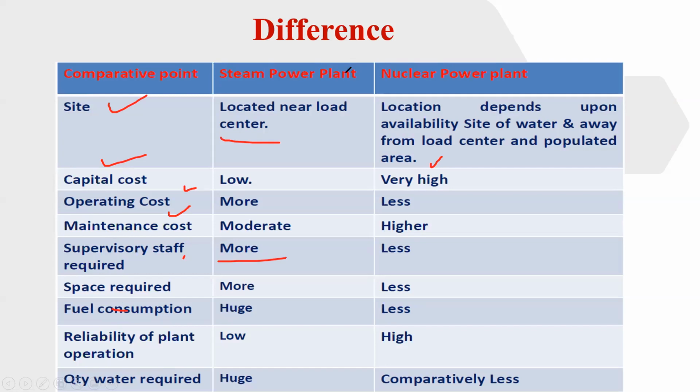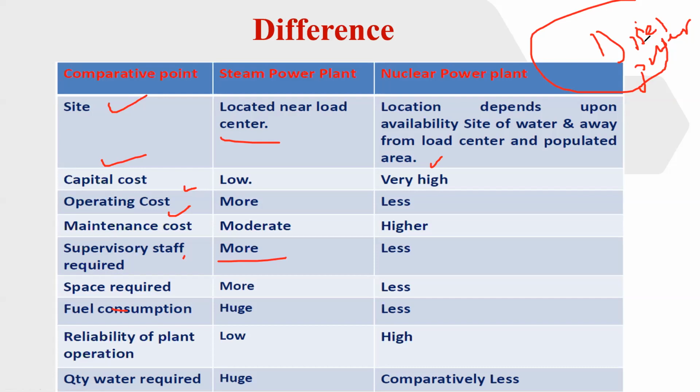Now what is our next target? Our next target is to start the diesel power plant. So in the next lecture I will start the diesel power plant. This diesel power plant is a peak load power plant, because as you know, in a hospital or any emergency service, the requirement is a diesel generator. What is the specialty of the diesel generator? It can easily start.